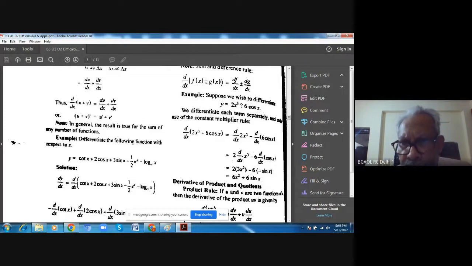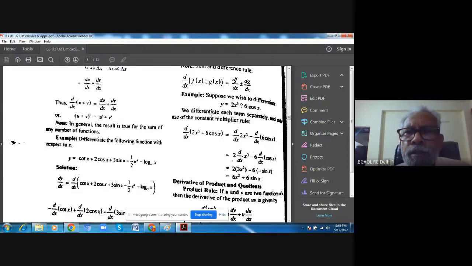Suppose in the exam it is given: differentiate y is equal to 2x cube minus 6 cos x. Y is equal to 2 into x cube minus 6 cos x. You see now some cos is also given.